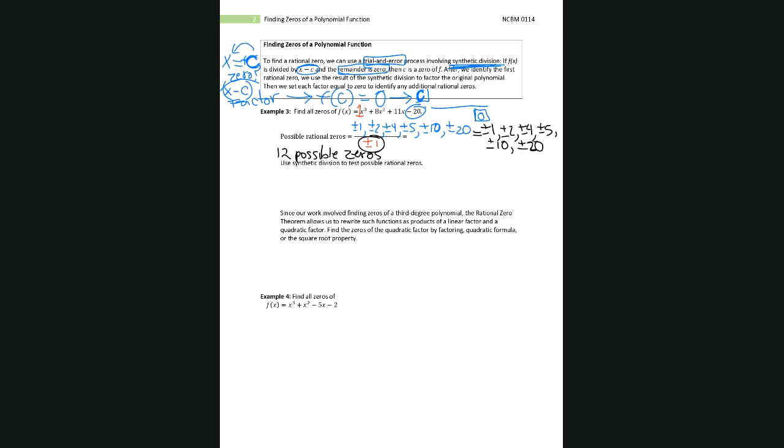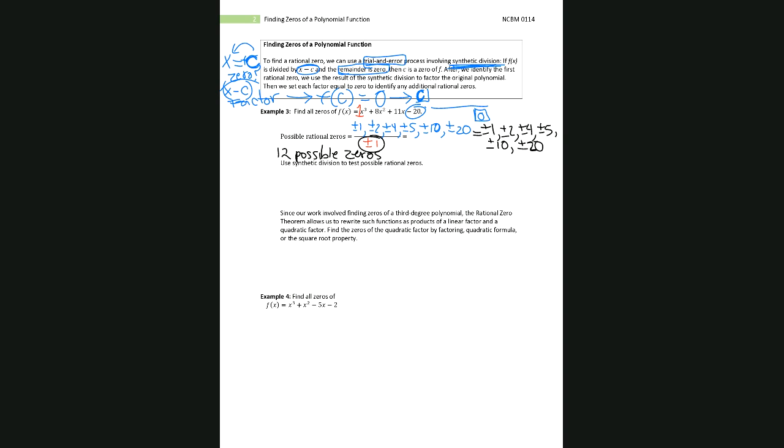So you will go to your graph section, y equals, and of course you will enter your polynomial x to the power 3 plus 8x squared, and then plus 11x minus 20.